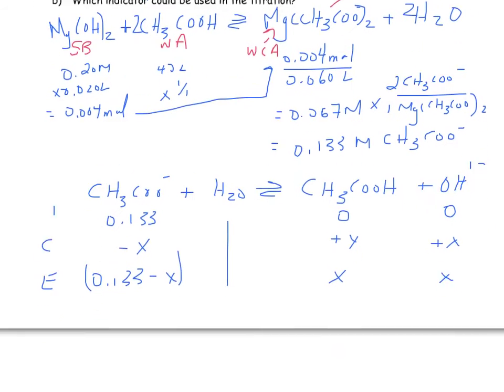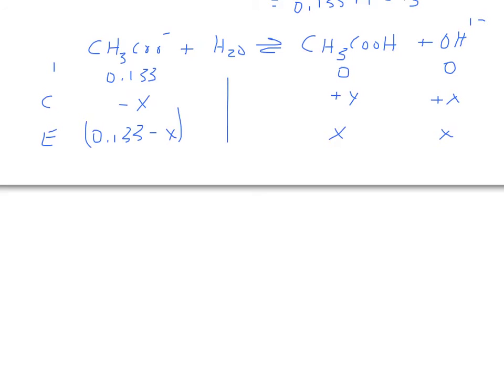However, this is a base equilibrium, so I need to solve for x using a Kb. I haven't been given one, but I can look up the Ka of acetic acid in the back of my book and convert it into a Kb by using the Ka times Kb equation.